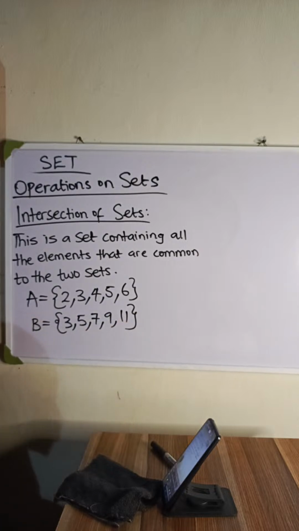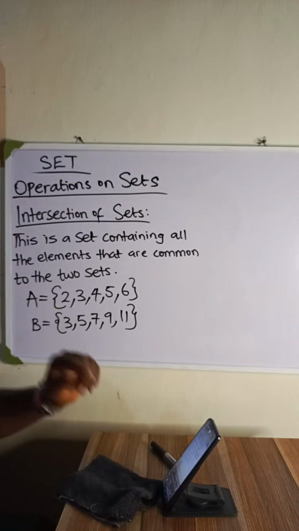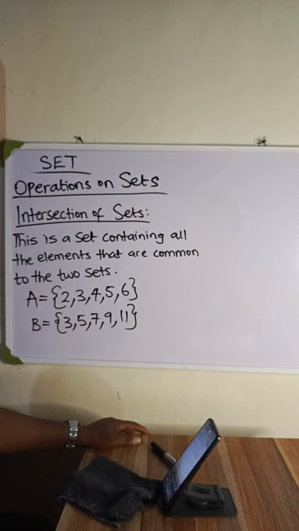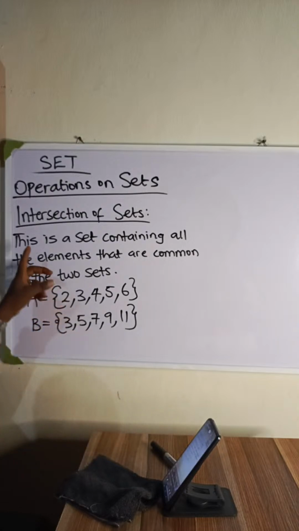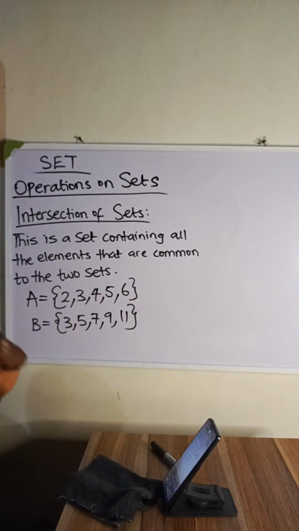So these were the two sets we considered when looking at union of two sets. For union, we wrote down all the values that we could see at least one time without repeating. But for intersection, we are looking at the numbers that we can find in set A and we can also find in set B.